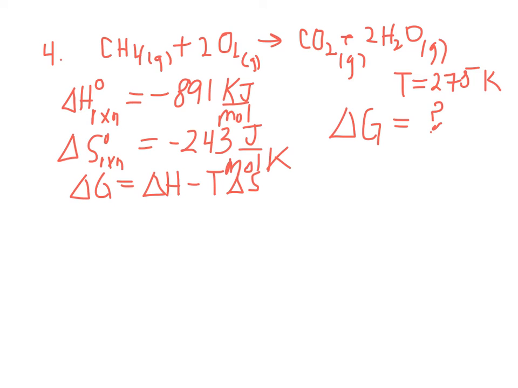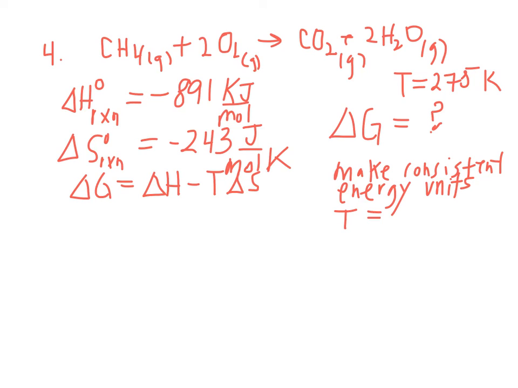So we're going to have to make consistent energy units. You can do kilojoules to joules or joules to kilojoules, doesn't matter. And your temperature must be in Kelvin when you're using this formula. So those are the first two things to check.